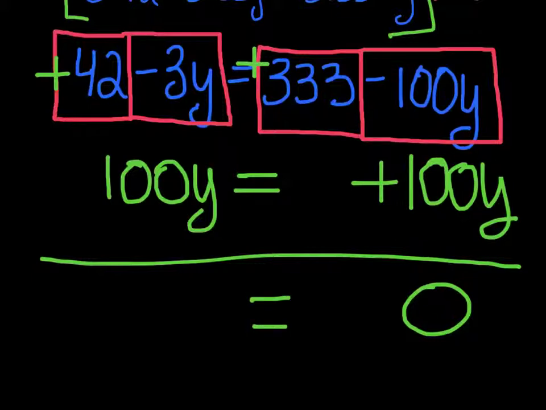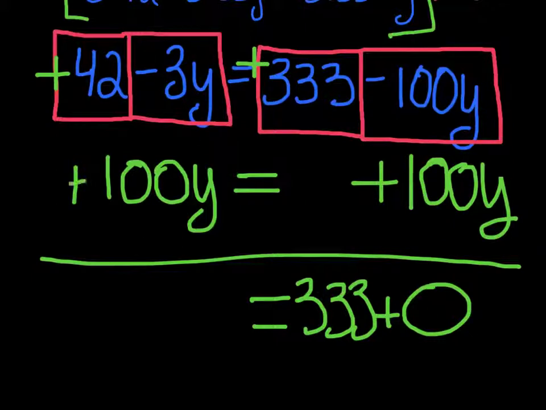I'm left with simply 333 plus 0. On the left side, I now have minus 3y plus 100y. When I add 100y to minus 3y, I am left with a positive 97y.